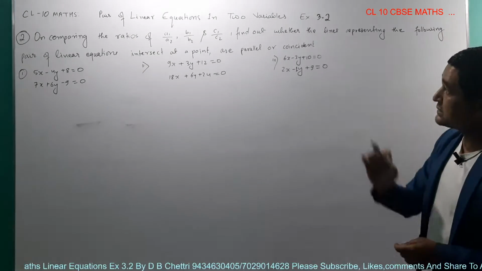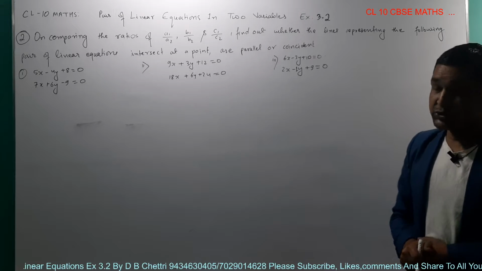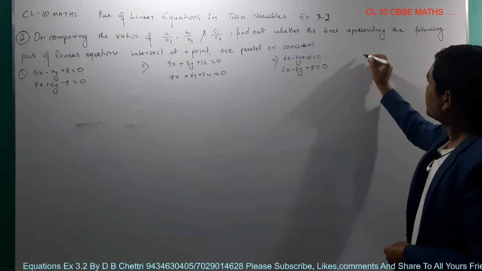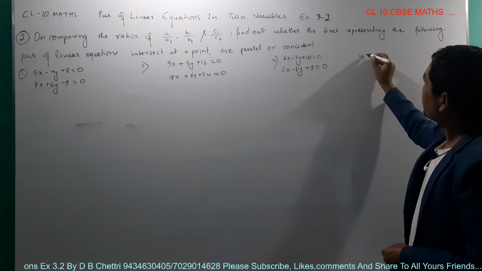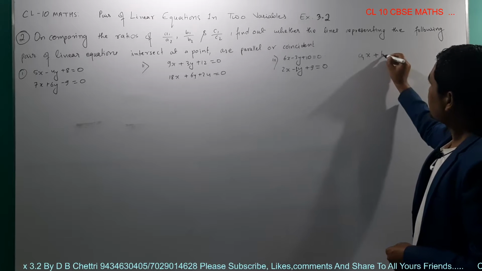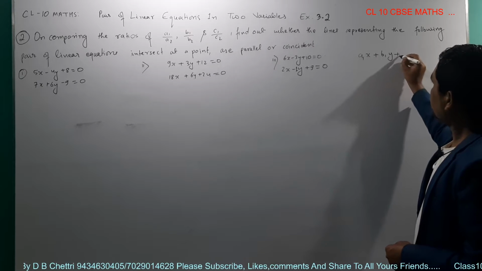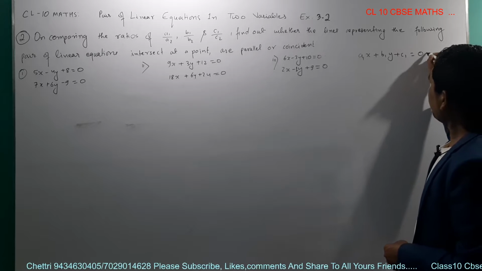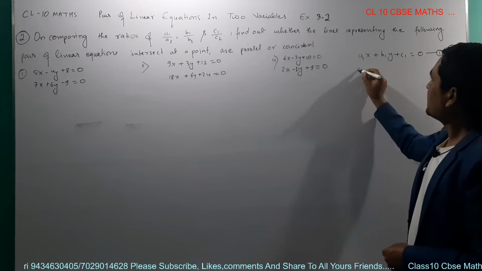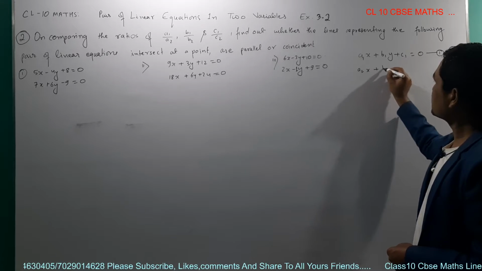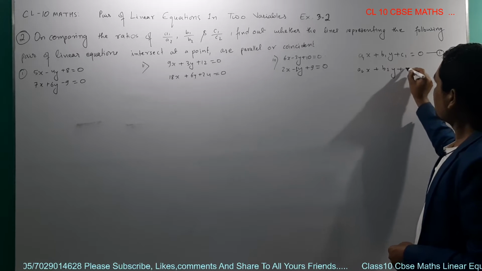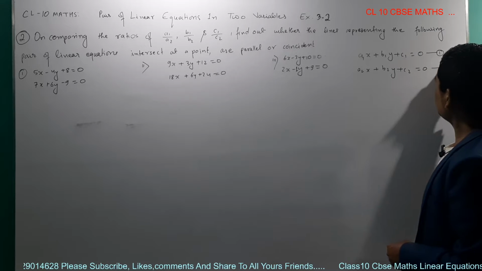The standard form of linear equations in two variables is a1 x plus b1 y plus c1 equals 0, and this is equation 1. a2 x plus b2 y plus c2 equals 0, this is equation 2.